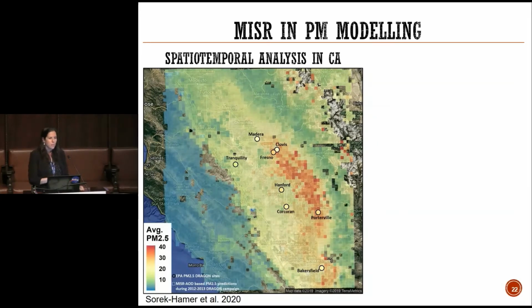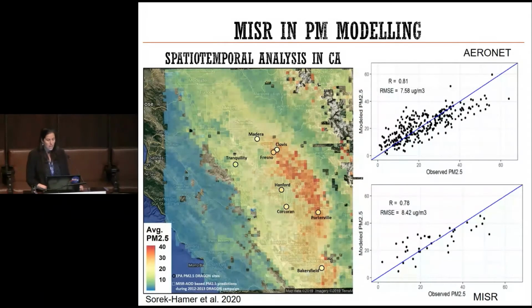What you see in the background is the MISR-based predicted PM2.5 that was able to capture this Central Valley pollution based on the model that we calibrated without satellite data, only with ground AOD data. We had good agreement and relatively low error, both when we calibrated the model with AERONET and when we validated it with MISR data.